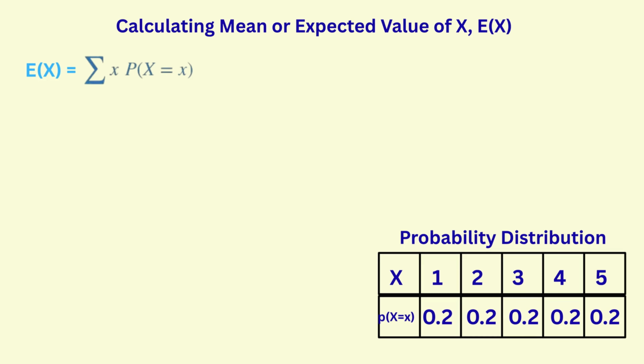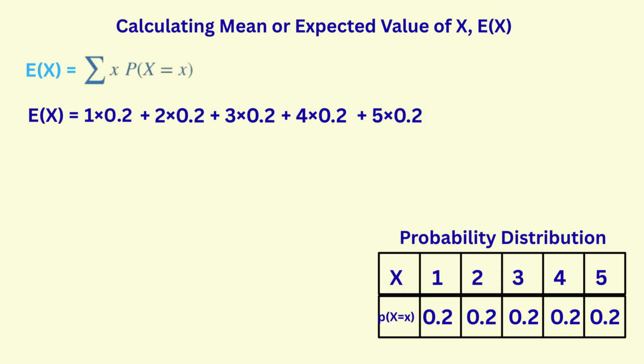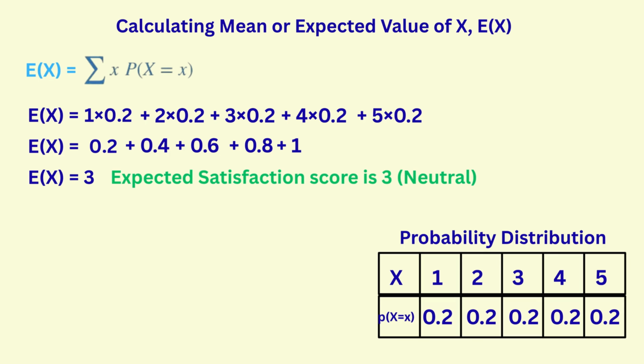So we can calculate by multiplying 1 times 0.2 plus 2 times 0.2 plus 3 times 0.2, 4 times 0.2 plus 5 times 0.2. We sum the results to get the mean to be 3. Therefore, on average, the customer satisfaction score is 3. Which makes sense. It's right in the middle of the scale.